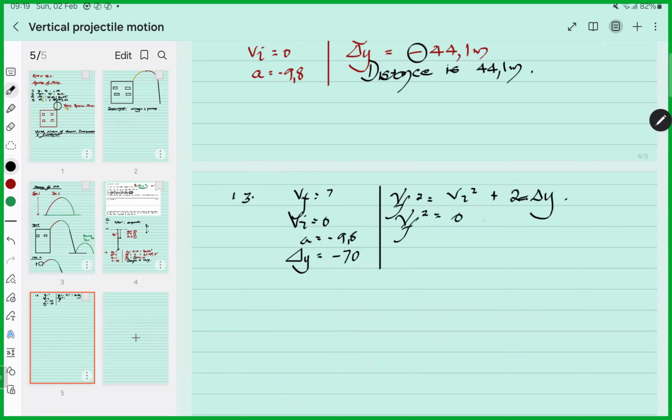VF squared is equal to 0 plus 2 into minus 9.8 into minus 70. Now 2 times minus 9.8 times minus 70 is going to be a positive. Hypothetically, let's assume that VF squared is 900. If you try to find VF on your calculator, it is going to give you just positive 30.